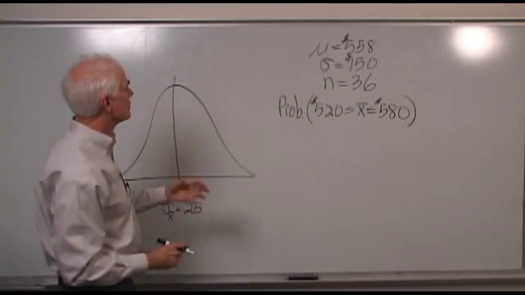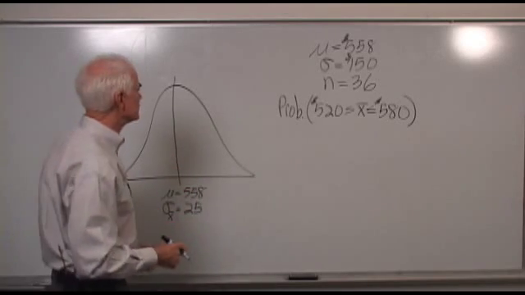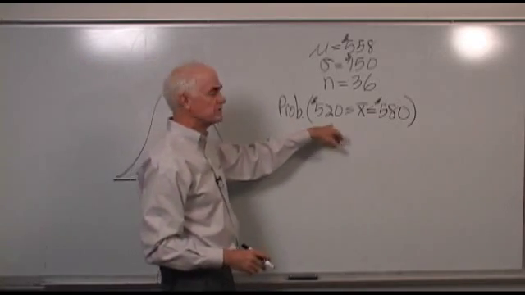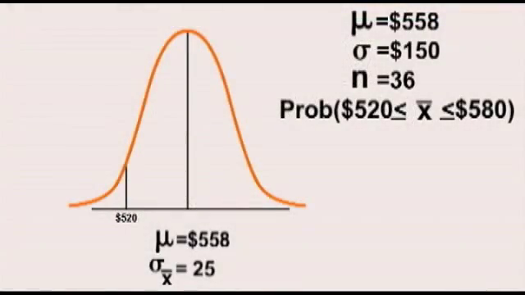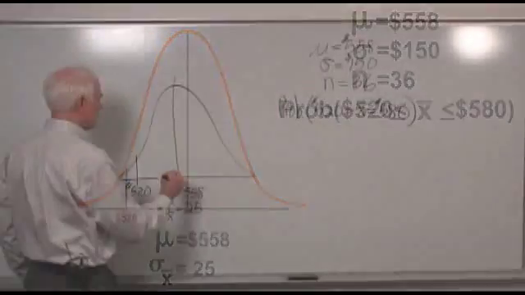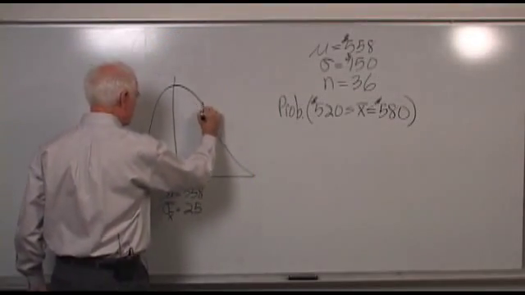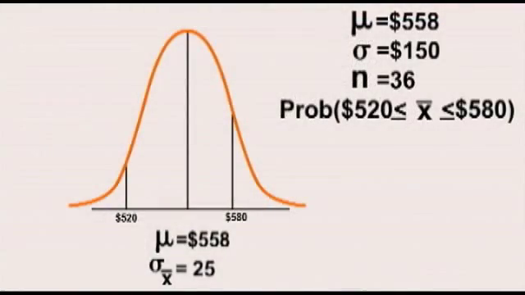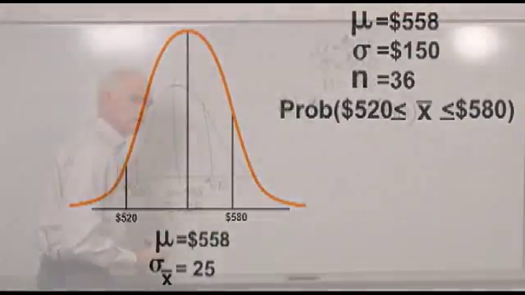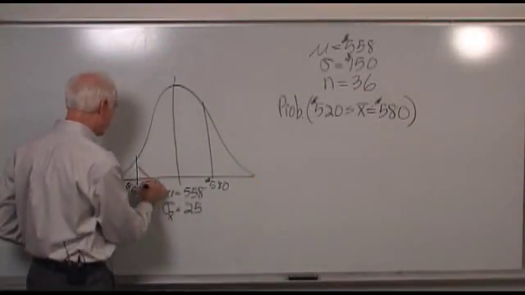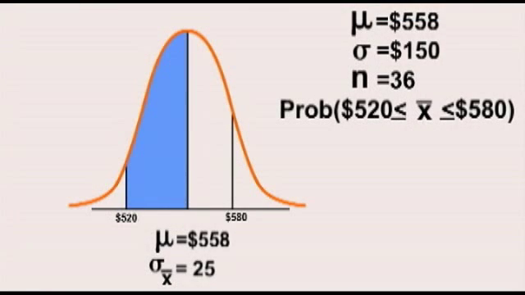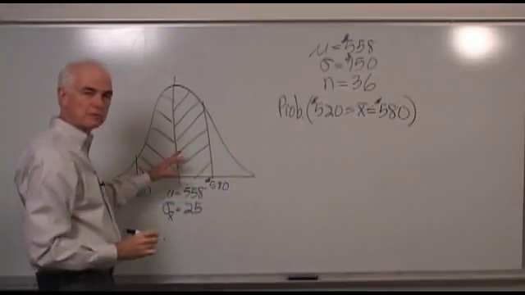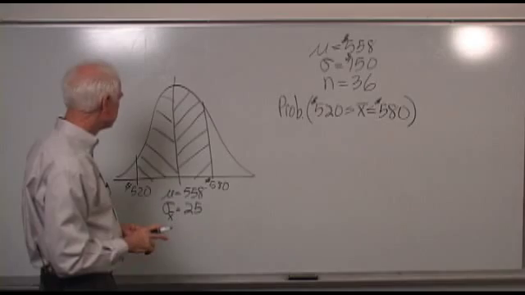Now we're trying to solve for the area of the curve, or the probability that a sample mean would be between $520 and $580. The $520 falls well below the mean, and the $580 falls above the mean, but not at the same distance as the $520. So we want to solve for the area between these two values. I'm going to hatch them different ways because we're going to put these together to solve for this area.